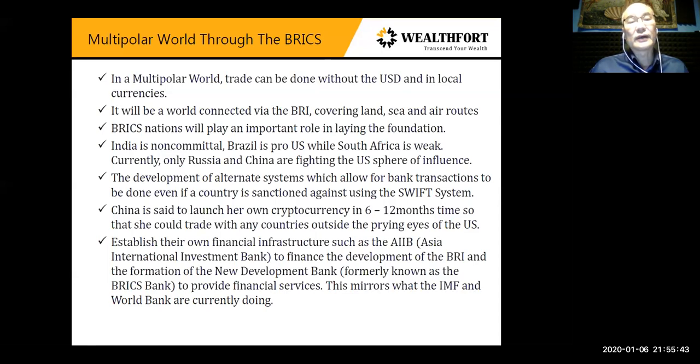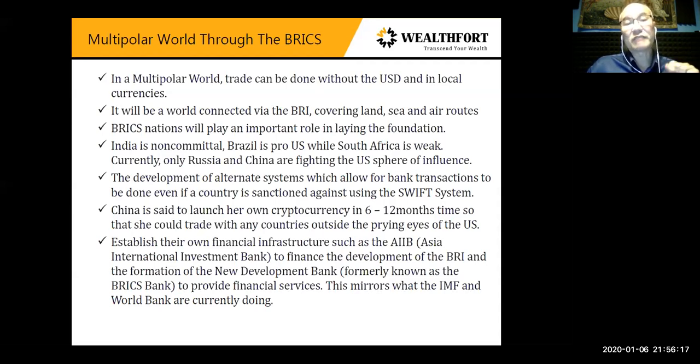India is also part of the Indo-Pacific countries that the US has roped in to help monitor the Indian Ocean and the Pacific Ocean, as a counterweight to China. So as of today, India is non-committal. Brazil is pro-US, while South Africa is weak. Currently, only Russia and China are fighting the US sphere of influence.